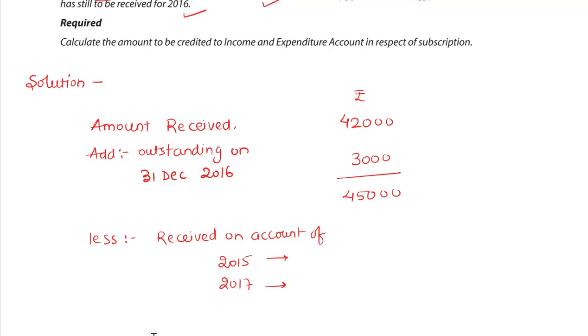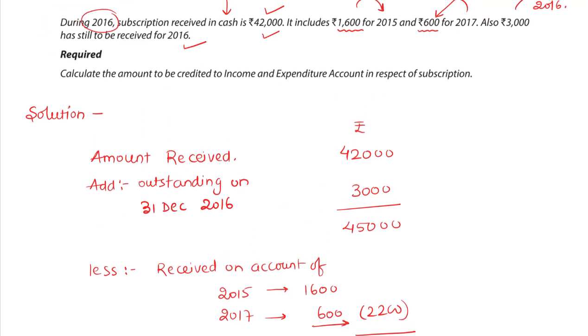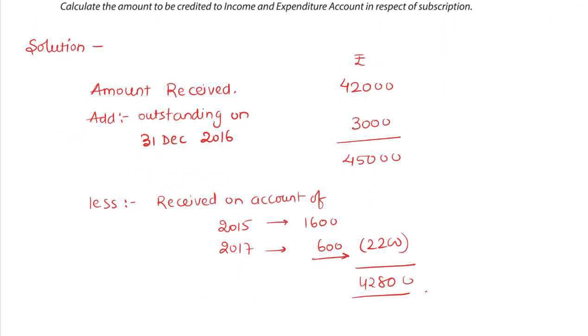For 2015 received 1600 and for 2017 received 600. This needs to be deducted because this does not relate to the current year. So minus 2200, 42,800. Subscription for the current year is 42,800.